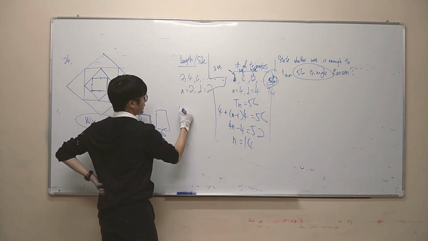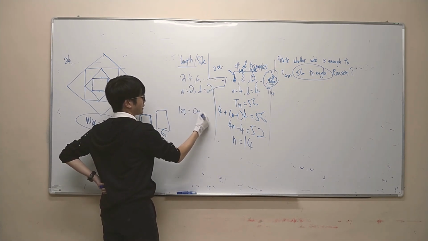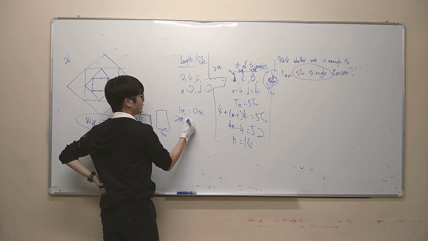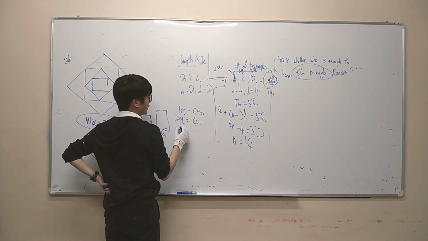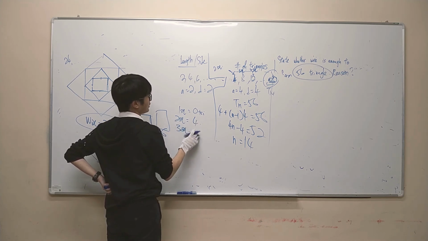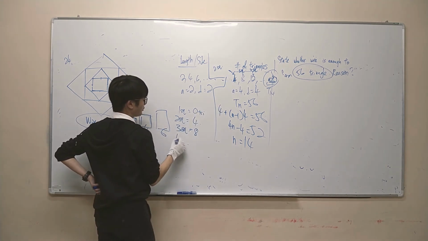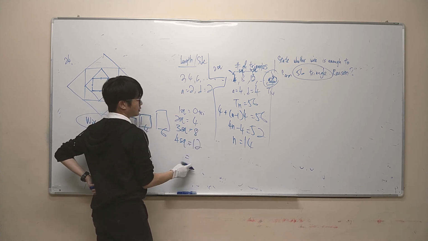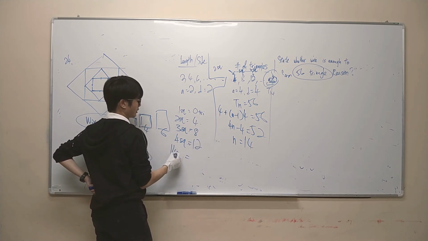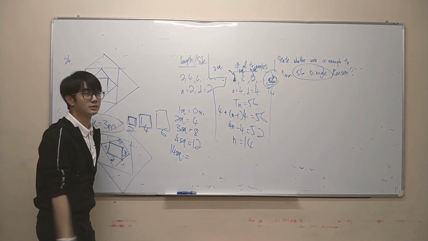When you put the 1 square, there's 0 triangle. When you put 2 squares, you can see 2 squares ada 4 triangles. Okay? And then when you put 3 squares, you will see 8 triangles. When you put 4 squares, you will get 12 triangles. So I want to ask you, when you put 14 squares, berapa triangle?